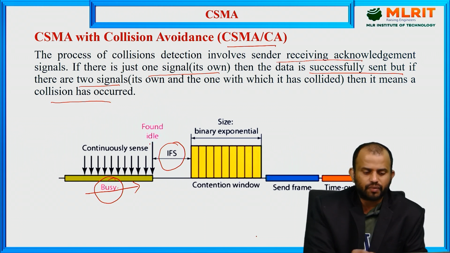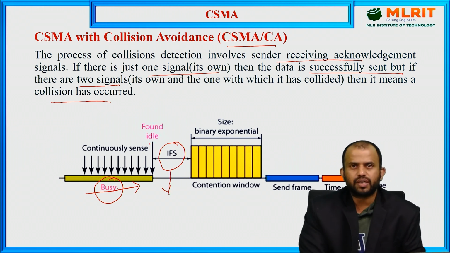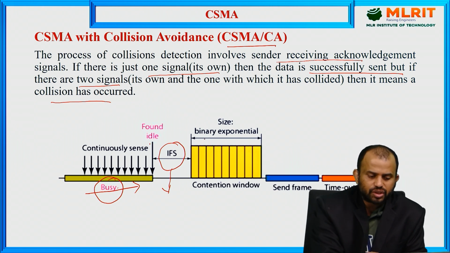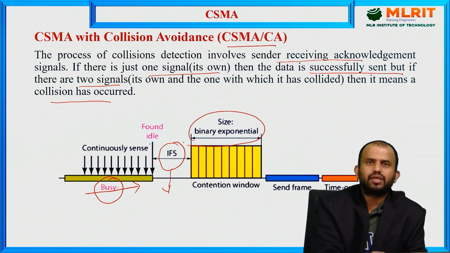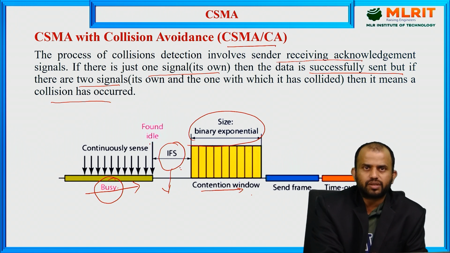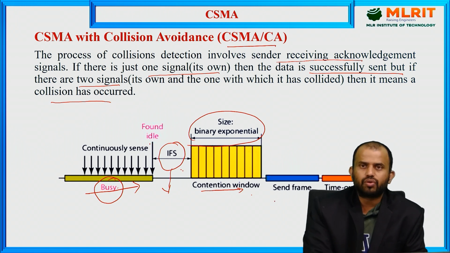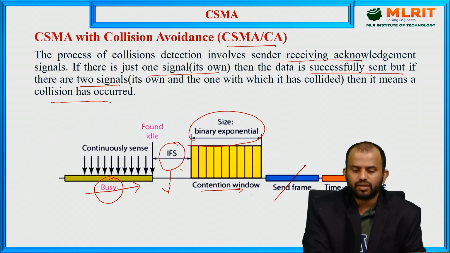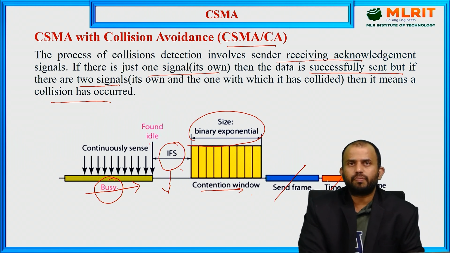We have to wait that amount of time and check the size of the binary exponential, which we call the contention window mechanism. The time slot of this window mechanism is idle after the interframe space value. Then we are able to send the information. After successful receiving, a timeout should happen. Based upon this, we are able to avoid the collision.